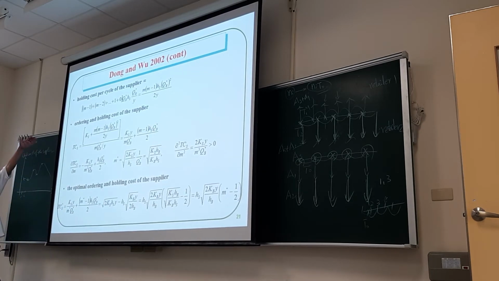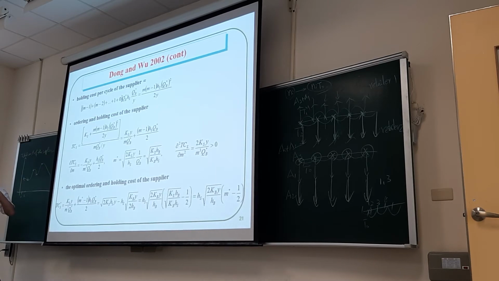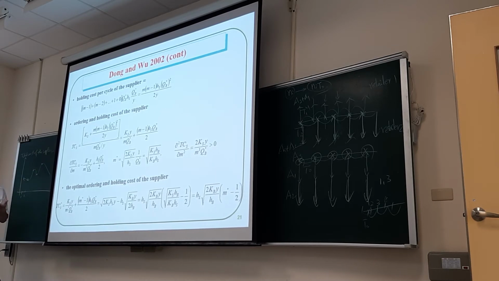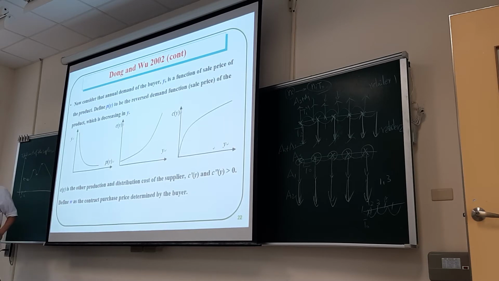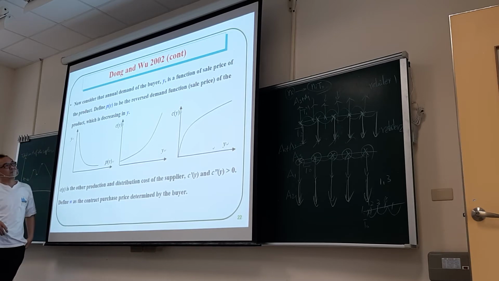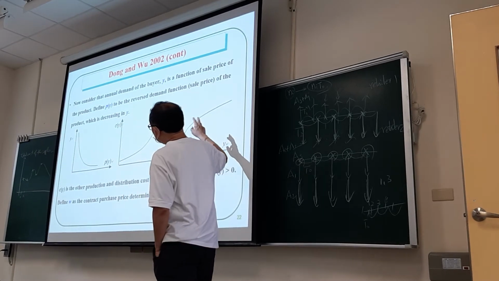So far, all the process is based on your previous knowledge about the vendor-buyer system. Nothing new. Okay, so now we need to consider there's something new. Now consider the annual demand for the buyer, Y, is a function of the sale price of the product.